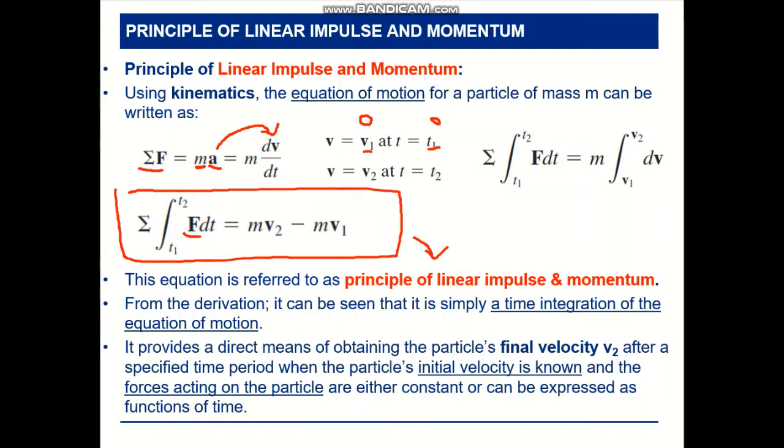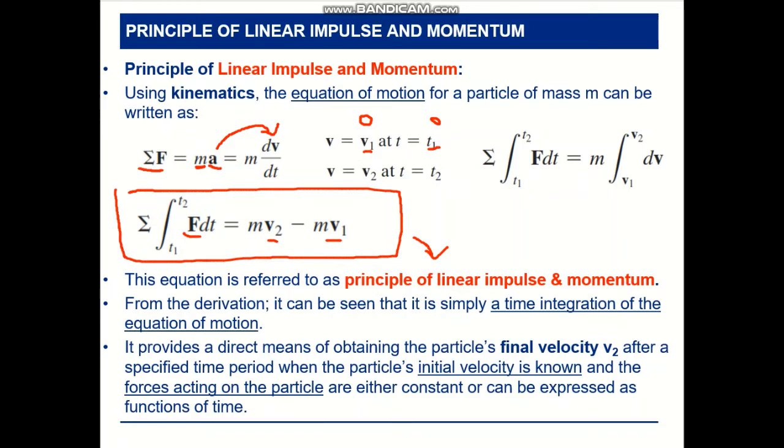It provides a direct means of obtaining the particle's final velocity v2 after a specified time period when the particle's initial velocity v1 is known, and the forces acting on the particle are either constant or can be expressed as a function of time.